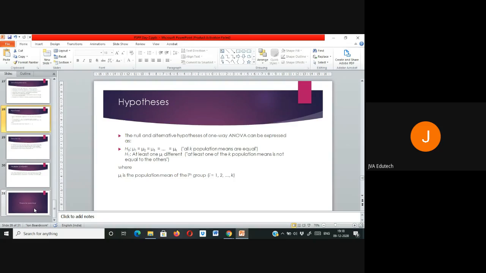Then you will say that at least mu four is different from the other groups. So the null hypothesis states that there is no difference among the groups, meaning all the population means of all the groups are equal. The alternate says that at least one of the groups differs from the other groups.